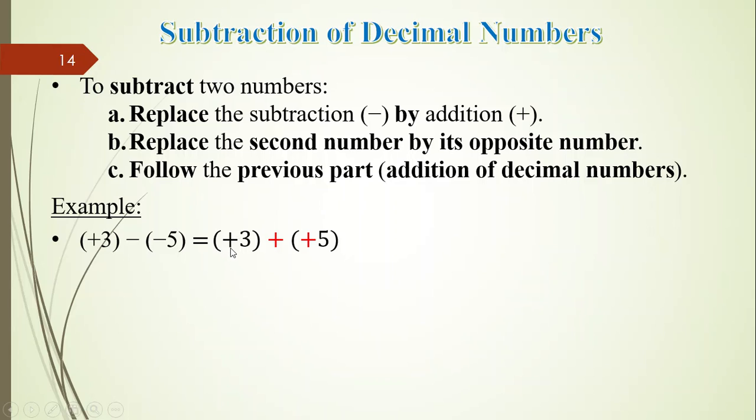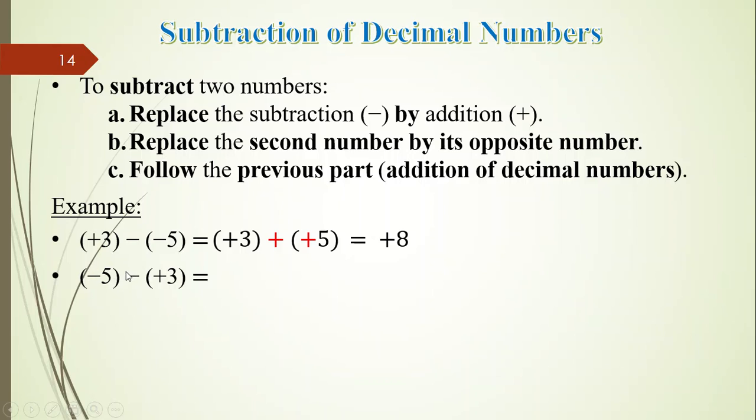Here, since we have the same sign and we have addition, we have to add the two numbers. So 5 plus 3 equals 8. And since both numbers are positive, the sign of the result is plus. Minus 5 minus plus 3. Here, minus 5, we don't change it.